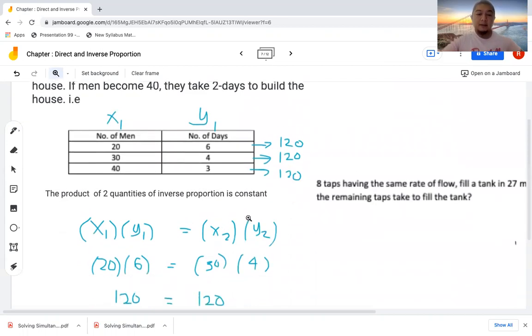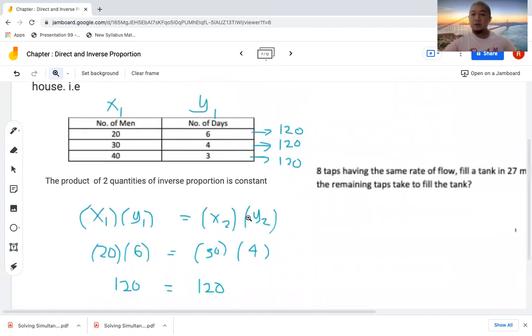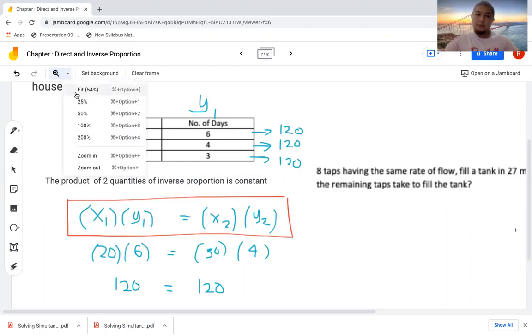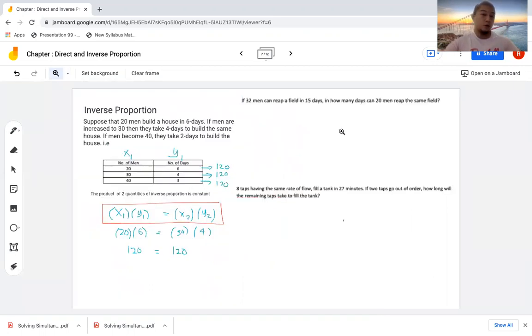So 120 is equivalent to 120. What is the importance of knowing this particular equation? It is applicable if we are going to solve simple word problems involving inverse proportion.